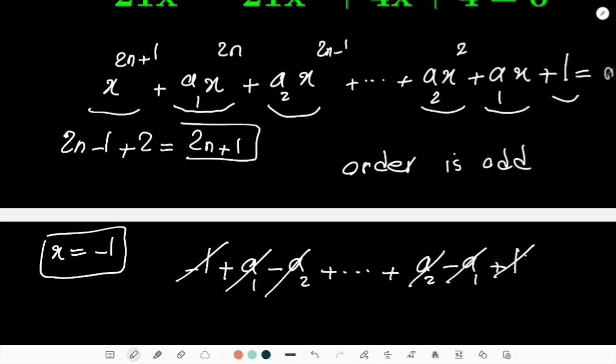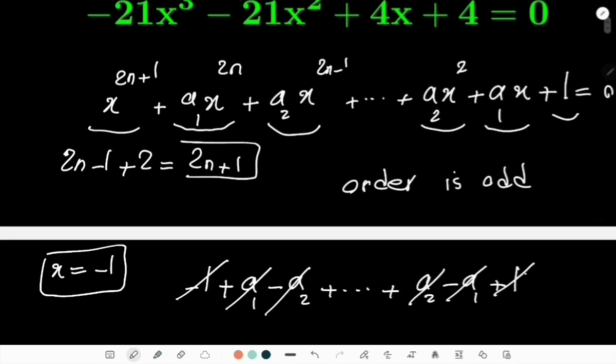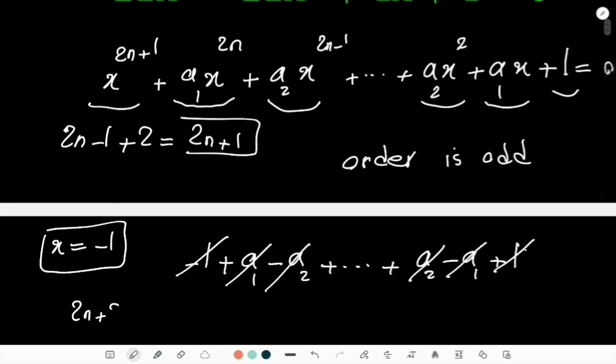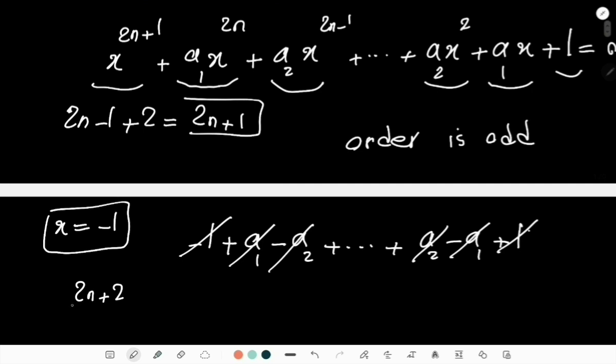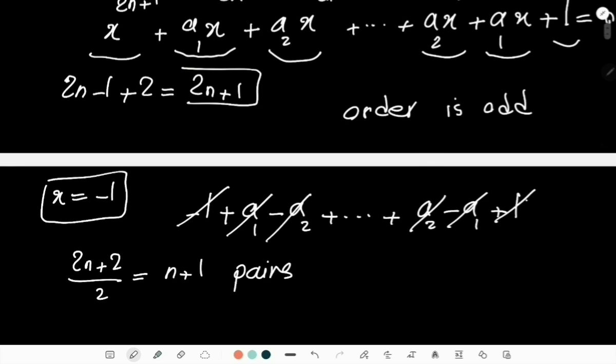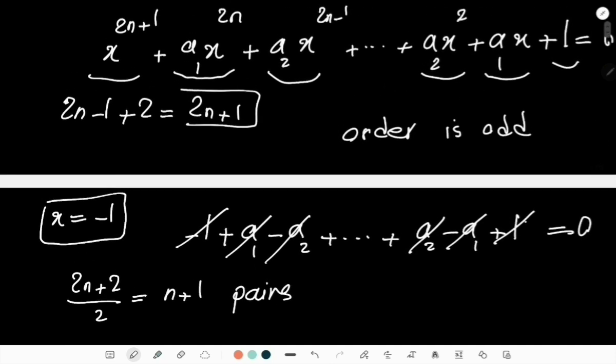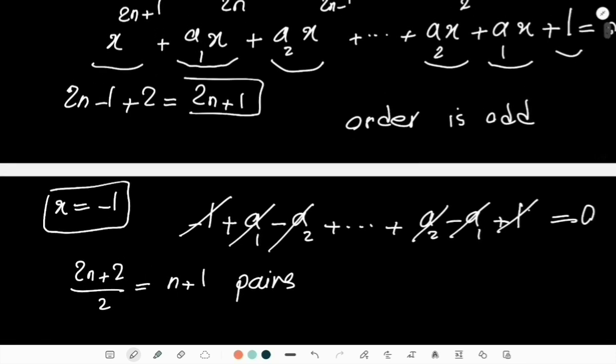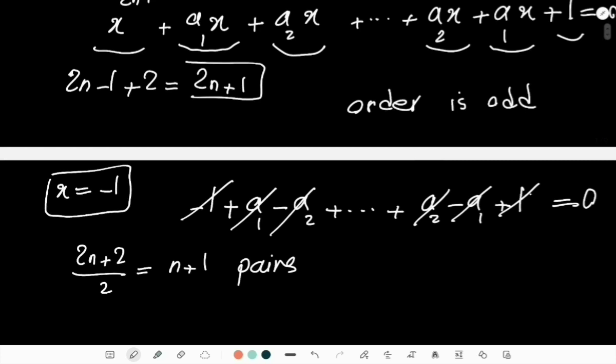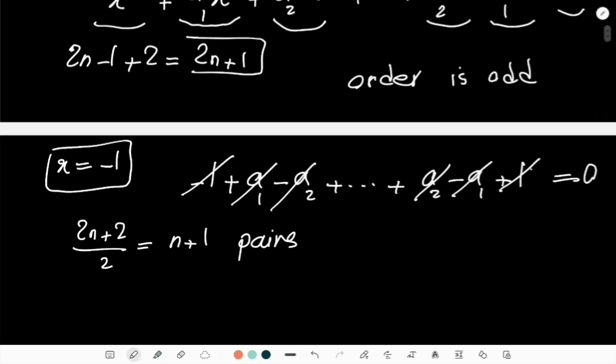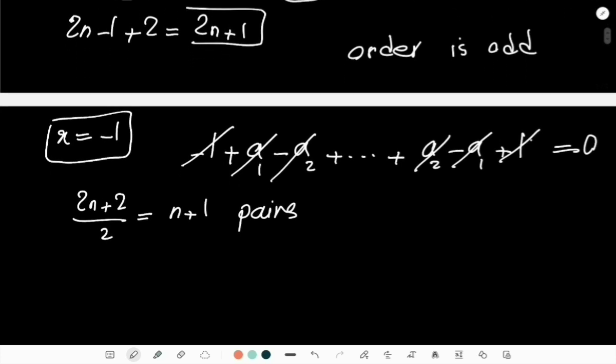And because the total number of terms is basically 2n plus 2, it means that we have, in general, (2n plus 2) divided by 2, or n plus 1 pairs. So all the terms will cancel out each other, and as a result, this is 0, which means basically anytime I have a reciprocal equation with an odd order, such as 3, 5, 11, whatever, then x plus 1 is a factor, or in other words, x equals minus 1 is an answer.